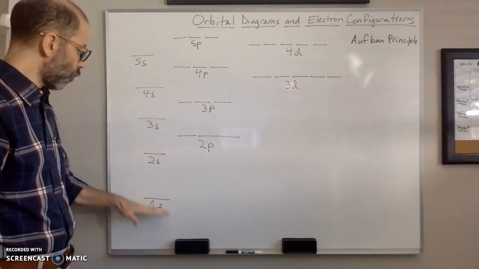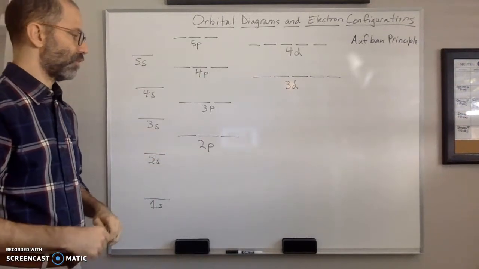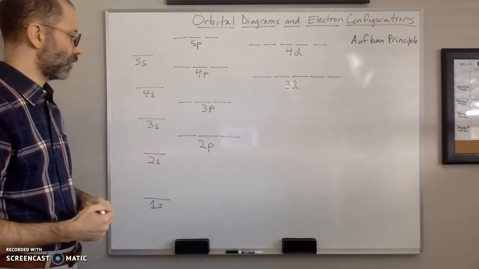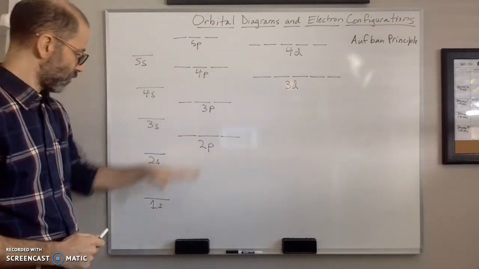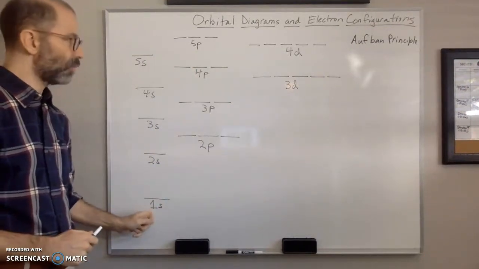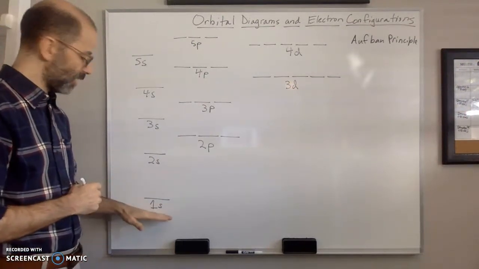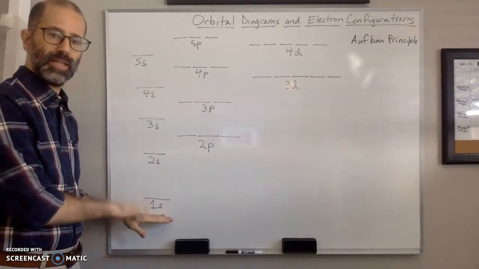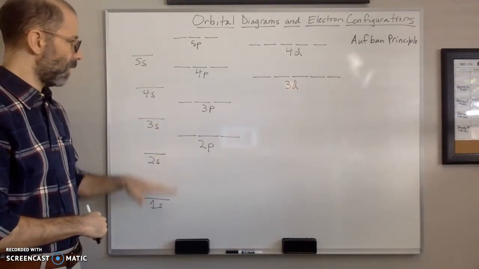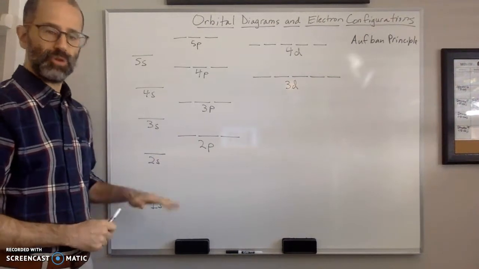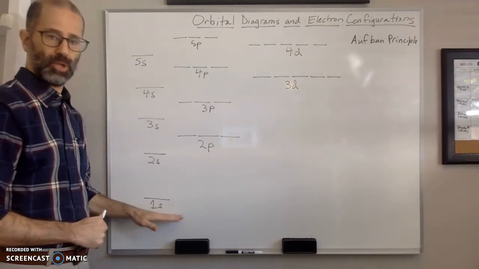You need to memorize the orders here, and there's a trick where you can remember what the order is. When you have your orbital diagram and you're building in the electrons, you're going to be adding them to the lowest energy levels first, and working your way up to higher energy levels. That's the Aufbau principle. You always start and fill in the electrons from the lowest.